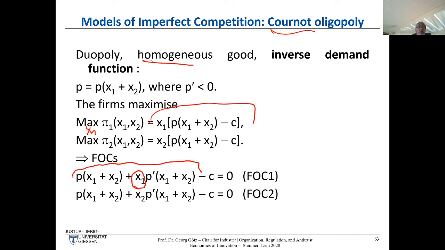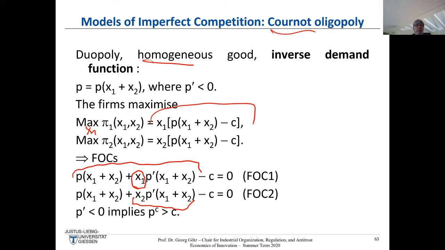And what we have as a result, which is very interesting, and you will see that later in more detail. First of all, price is above marginal cost, because this term here is negative. Putting the C and this negative term on the other side, you see that the price is marginal cost plus something.